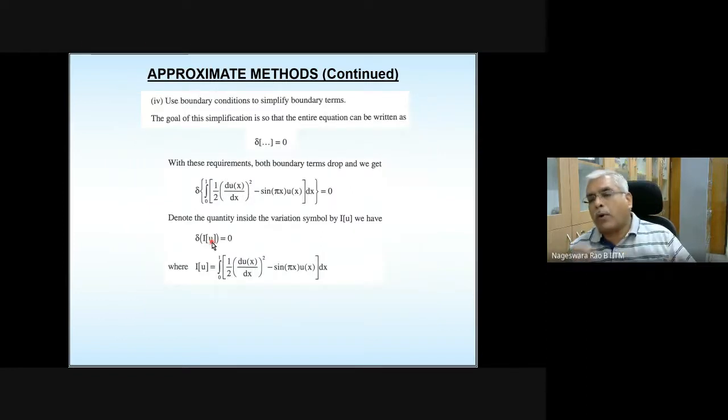If a particular problem cannot be brought into this form, which is the requirement for the variational method, that is a different issue. But if you are able to get into this form by using all these variational properties, you should get the same solution as what you got from the Galerkin method.